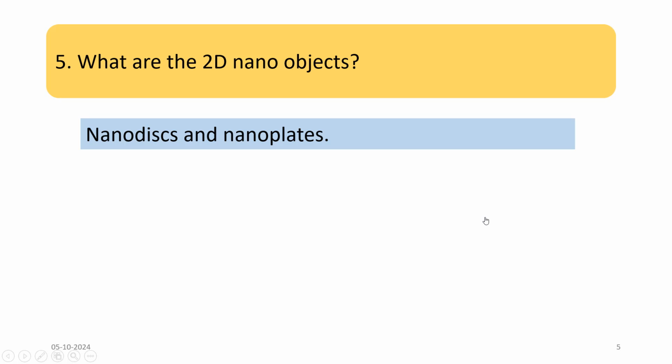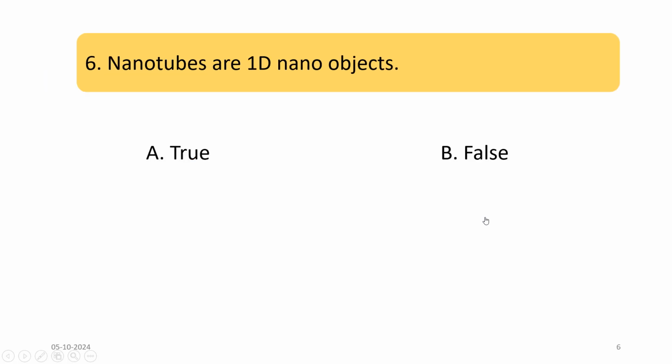Nanotubes are 1D objects. Is it true or false?